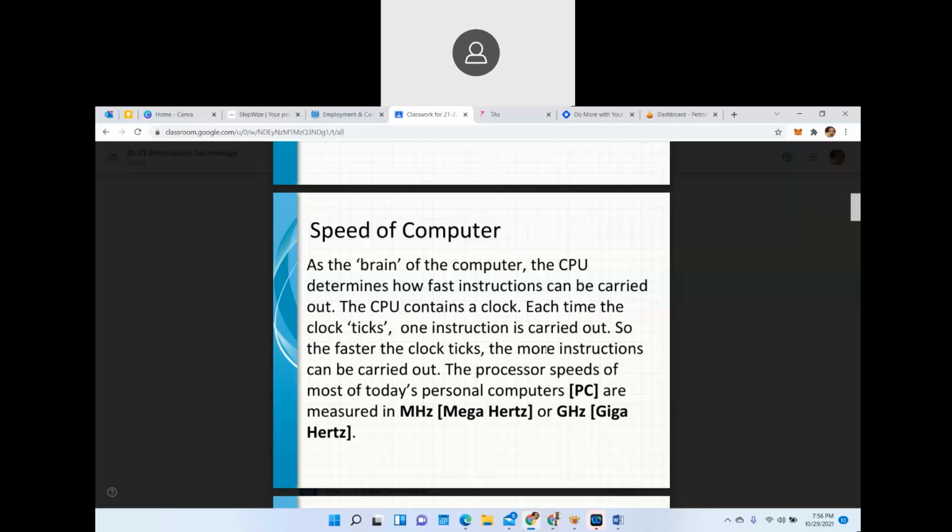Giga means billion, right? So gigahertz, remember, hertz has to do with speed. All right, and so you'll see MHz or GHz for short. So 1 gigahertz means the computer can process 1 billion instructions per second.